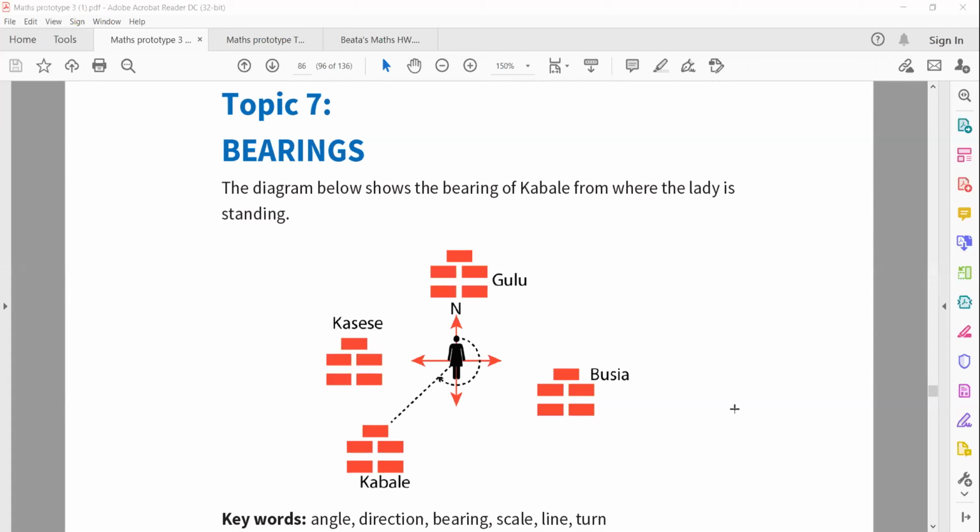Okay, thank you. So that is her view, but bearings actually give direction of points with reference to another point. For example, you may be somewhere or you are moving. In the old days, sailors used to have problems when they were sailing.